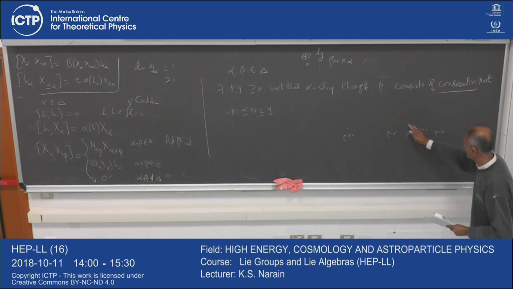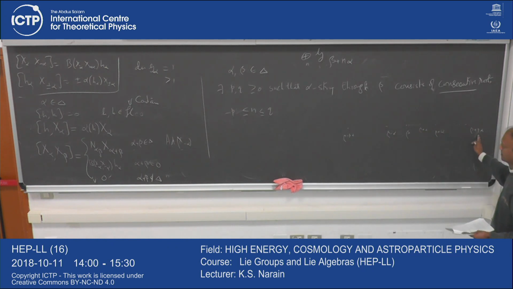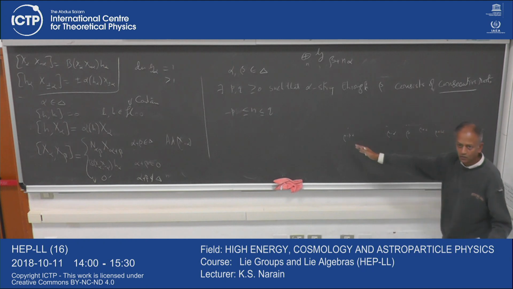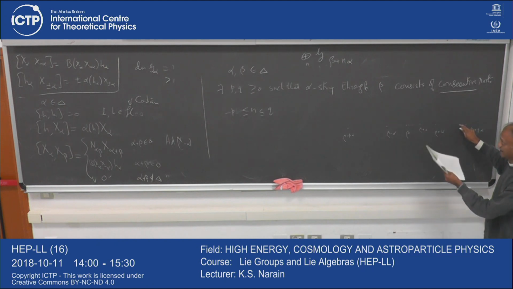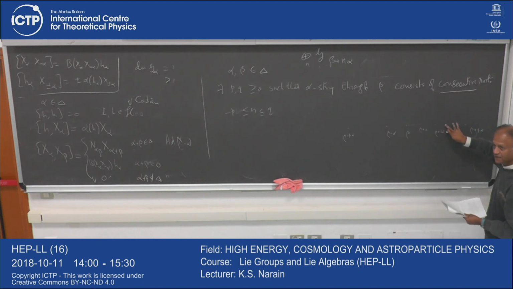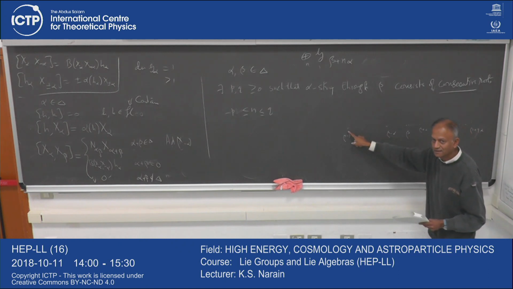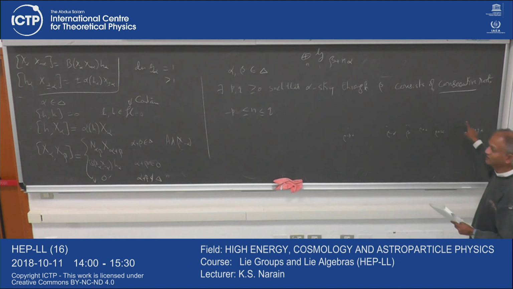The statement is that, of course, there should be upper and lower bounds because we are looking at a finite dimensional thing, right? But the important point is the consecutive. Meaning it cannot be that a few of them are in the set of roots, then there is a gap, then again a few of them are in, and then again a gap. Gaps are not allowed. So if this one exists and this one exists, then everything in between must exist.